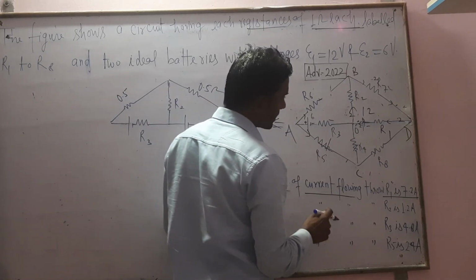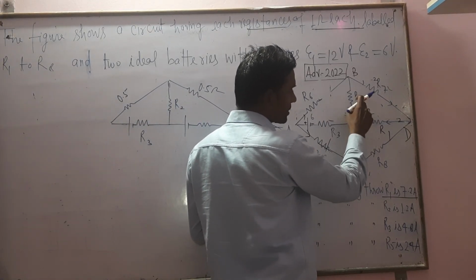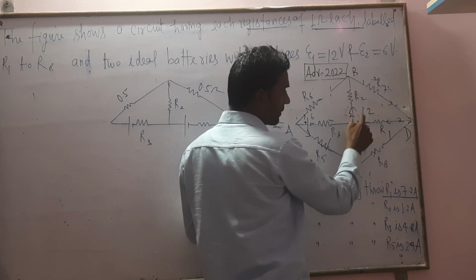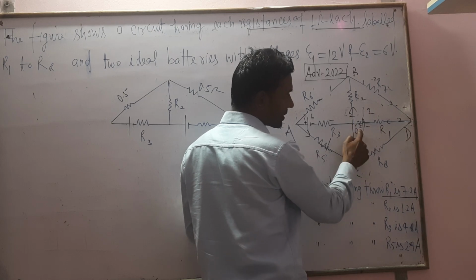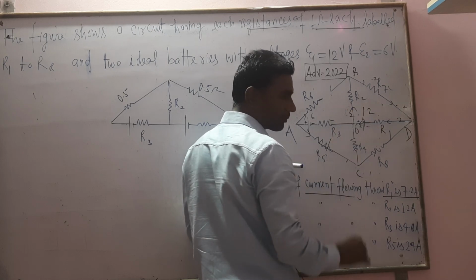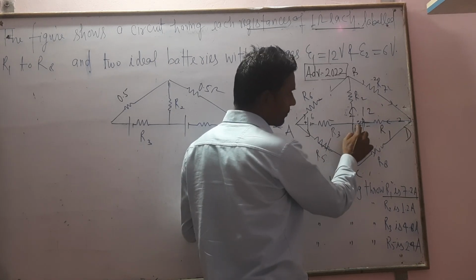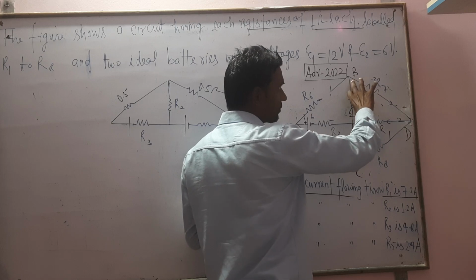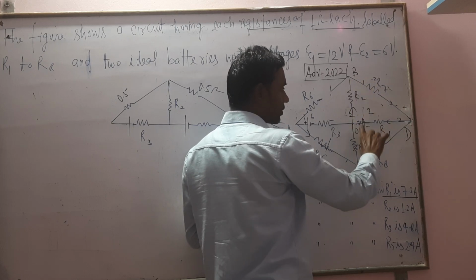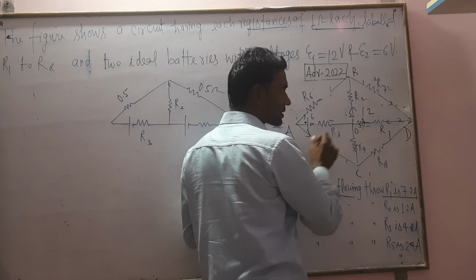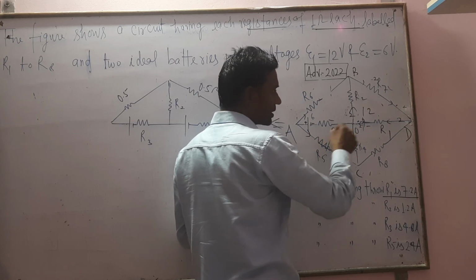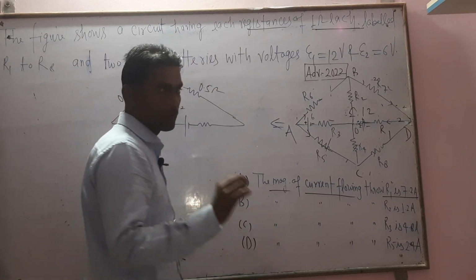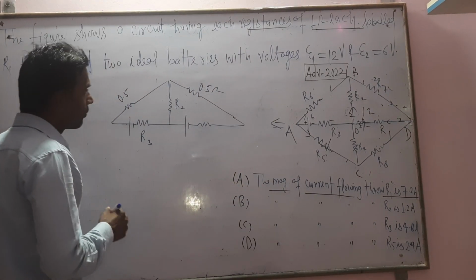Now here we can say this is R4, similarly this is R2. The same will happen: VB minus VO equals VC minus VO, which is the same potential difference, because VO equals VO and VB equals VC. So R2 and R4 are also in parallel. 1 into 1 divided by 1 plus 1 equals 0.5.